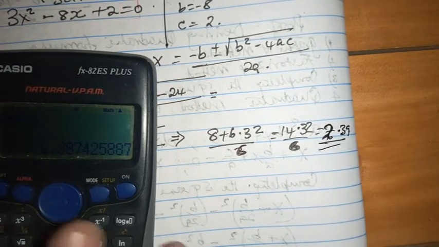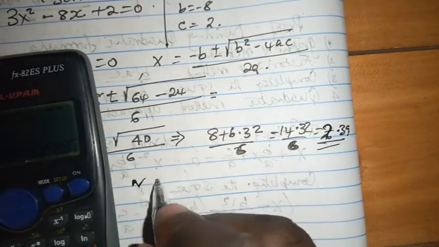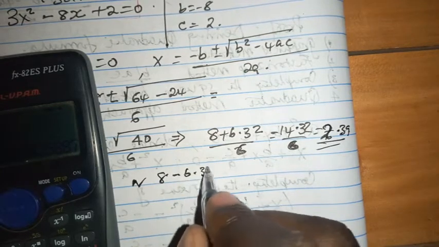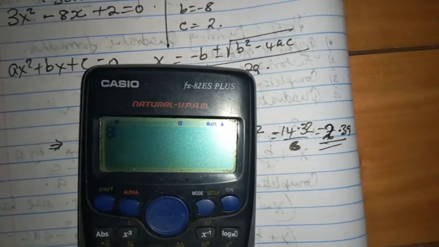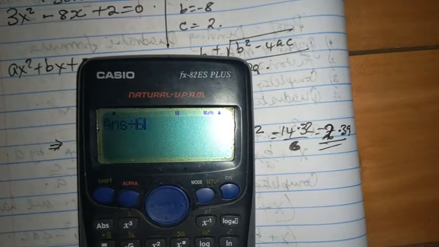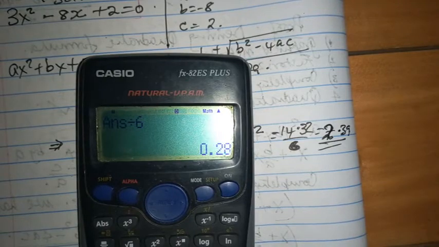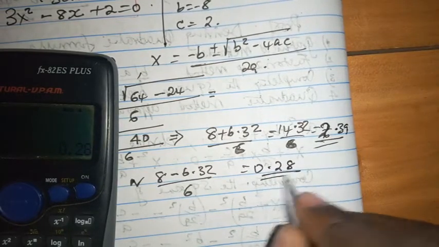So that could be one answer to that question, 2.39, or 8 minus 6.32 over 6. 8 minus 6.32 is 1.68, divided by 6, which is 0.28, so to speak.